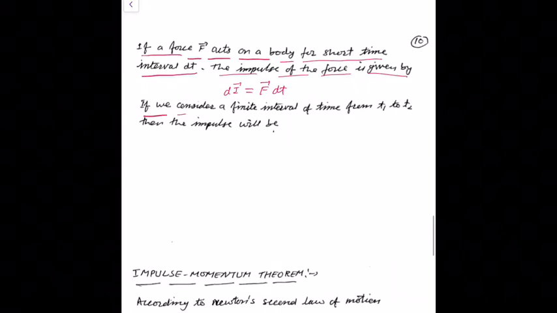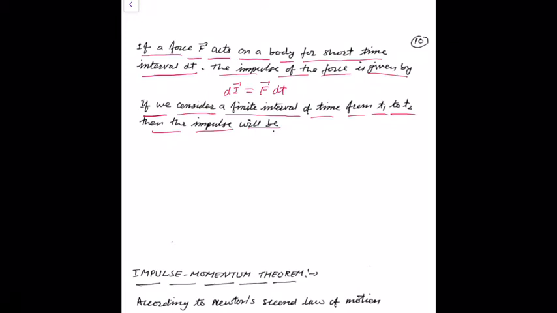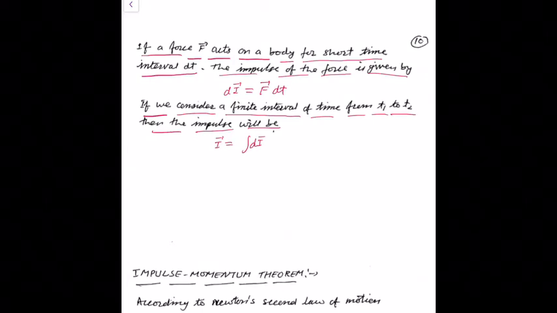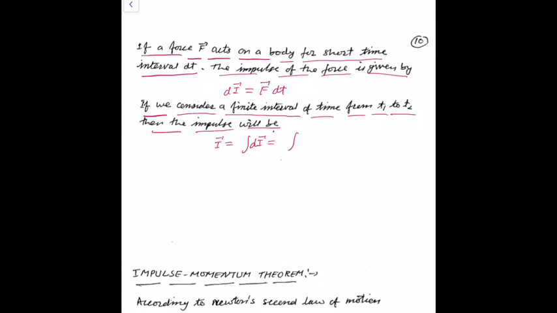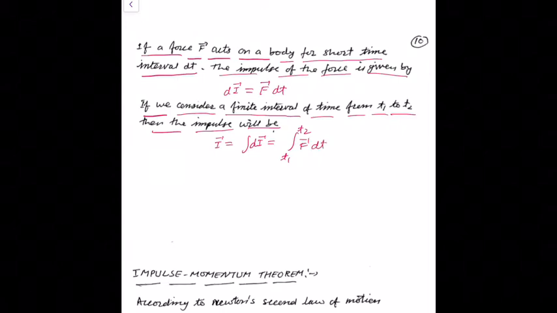If we consider a finite interval of time from t1 to t2, then the impulse will be I vector is equal to integration dI vector, or is equal to integration from t1 to t2 F vector into dt.